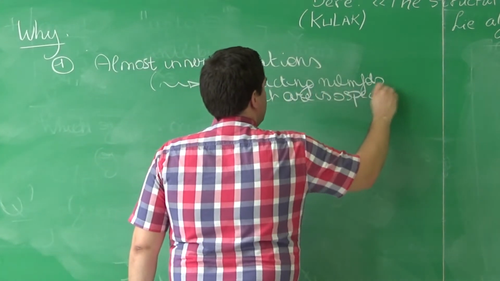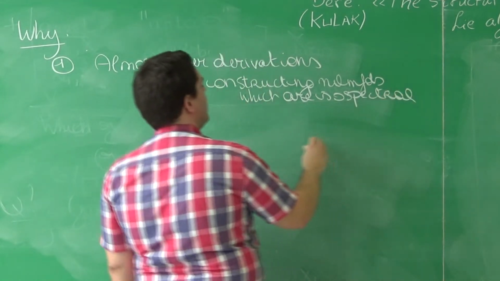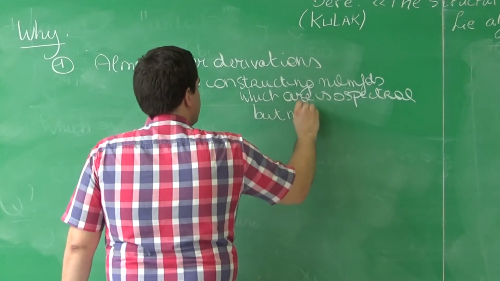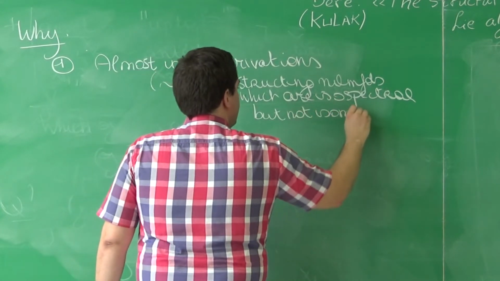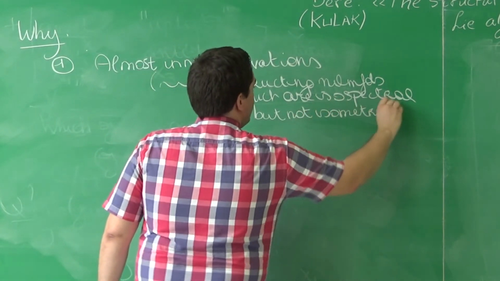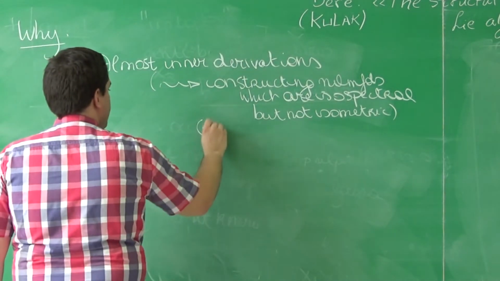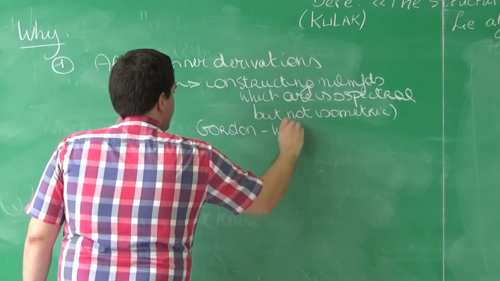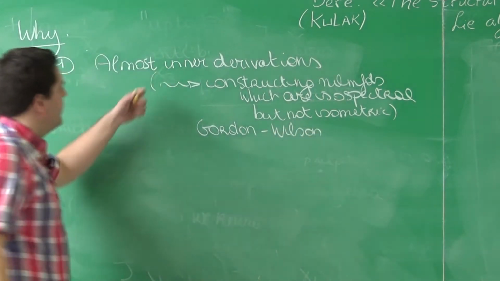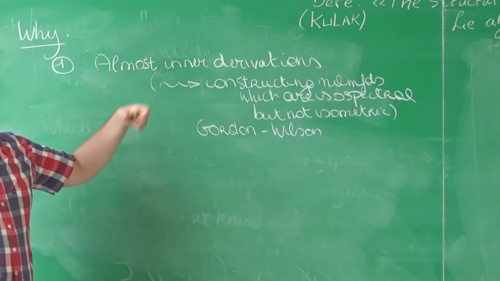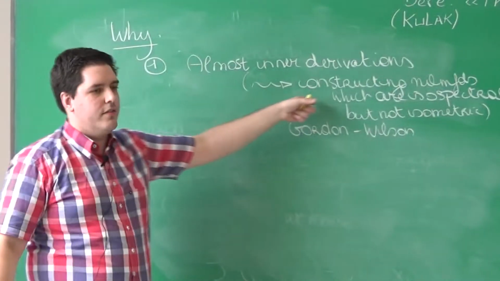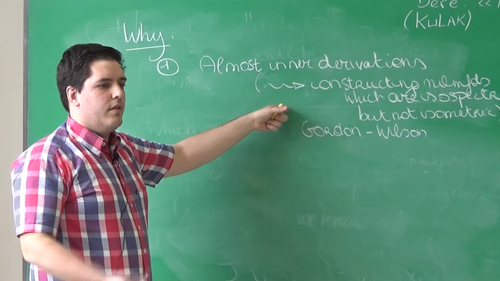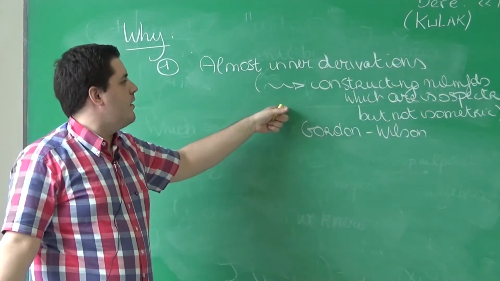So isospectral, they sound the same but they are not isometric. This is by work of Gordon and Wilson, a very nice paper, where they show that if you have almost inner derivations which are not inner, then you somehow get a whole family of these manifolds. And this is not just for two-step nilpotent, this is for general nilpotent Lie algebras.